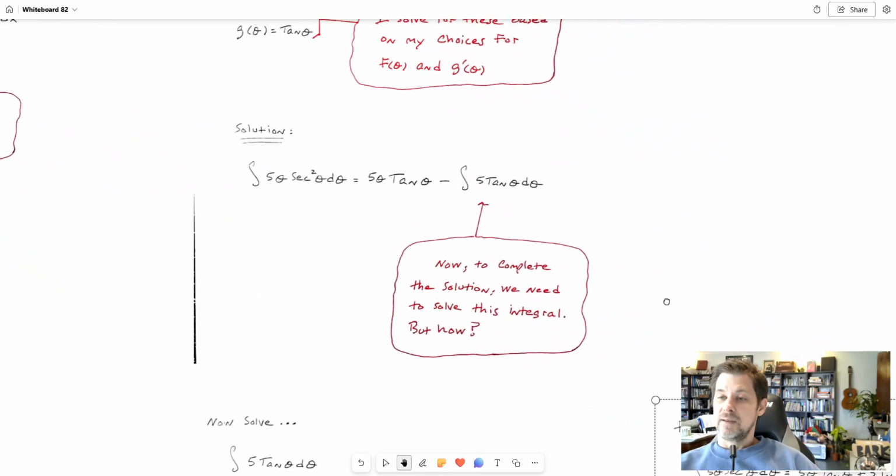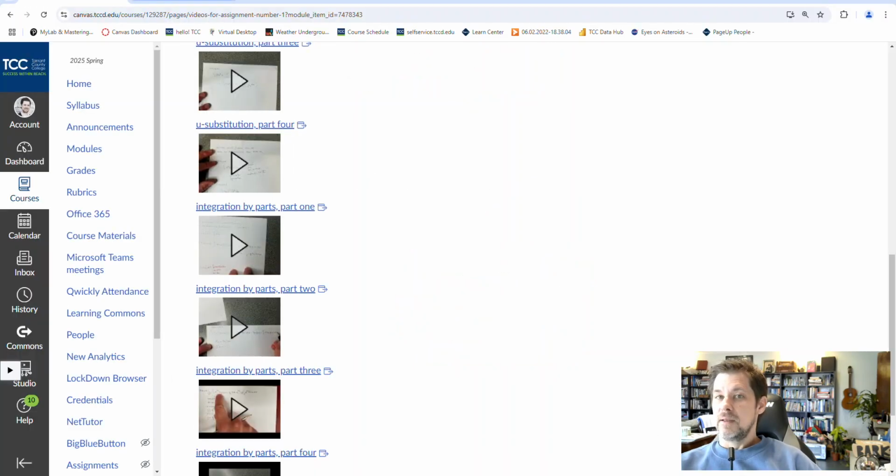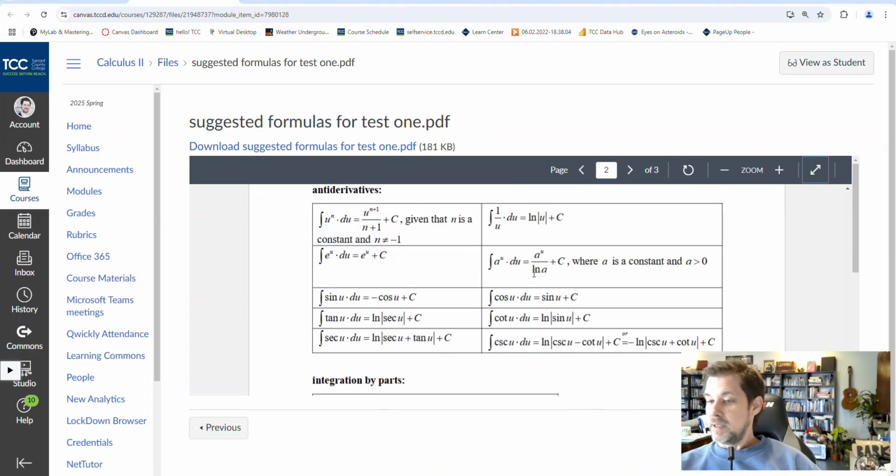So now I have to say, all right, what is the indefinite integral of 5 tangent theta d theta? How do you solve that? We have several methods available to us. It might be that that is on my formula sheet somewhere. We'll look and see if we can find it.